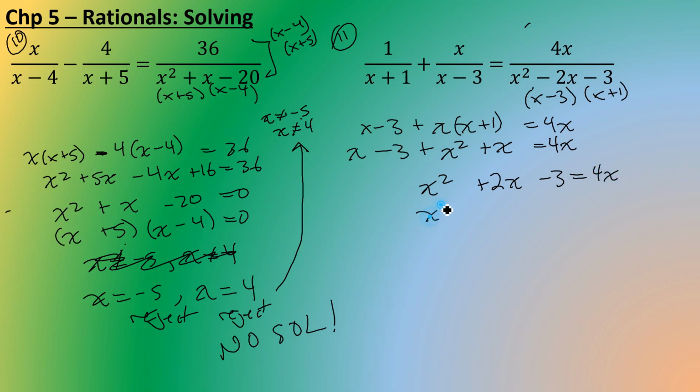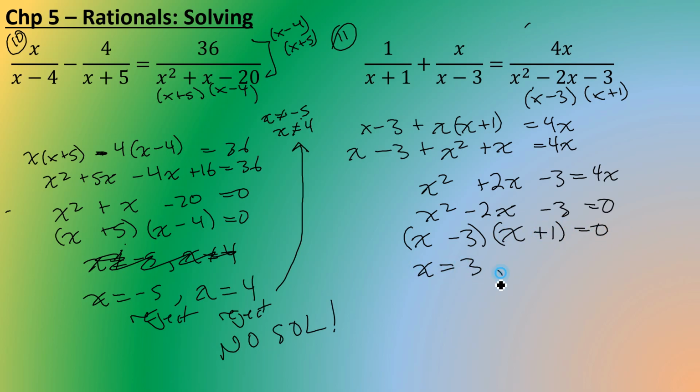Subtract the 4x. Factor. I get x equals 3. X equals negative 1. Of course, at the beginning, I should have noted we can't actually have either of those. So again, no solutions right there.